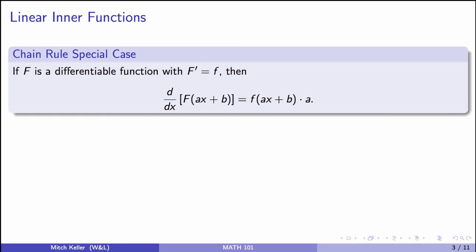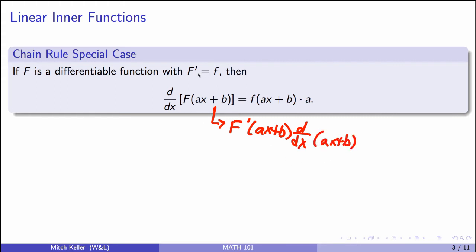And this one comes from our first special case of the chain rule that we saw, which is when the inner function was a linear function. Here I want big F to be a differentiable function and its derivative to be little f. Then the chain rule says that the derivative of this is, in longer terms, f prime of ax plus b times d dx of ax plus b.